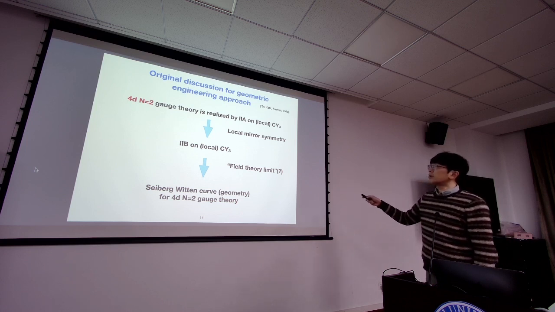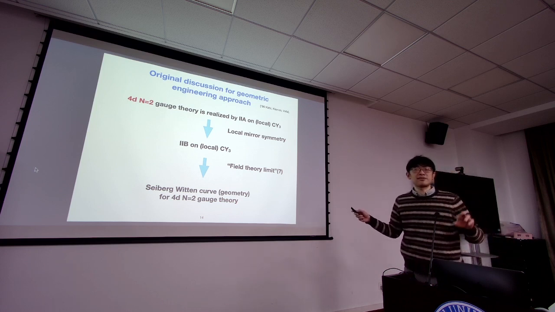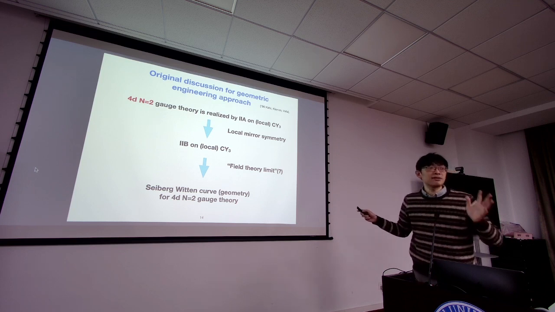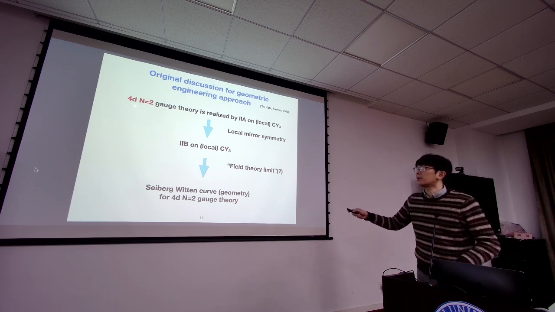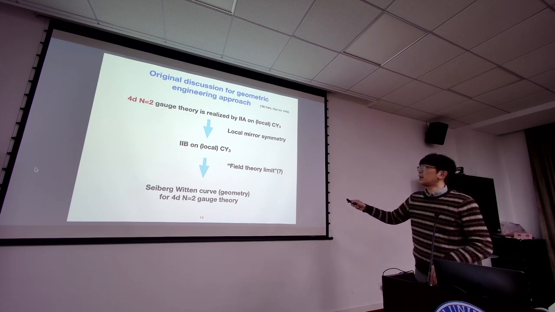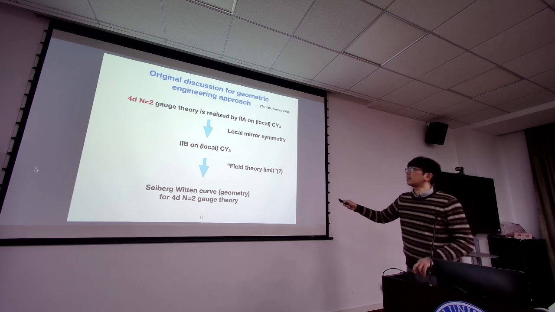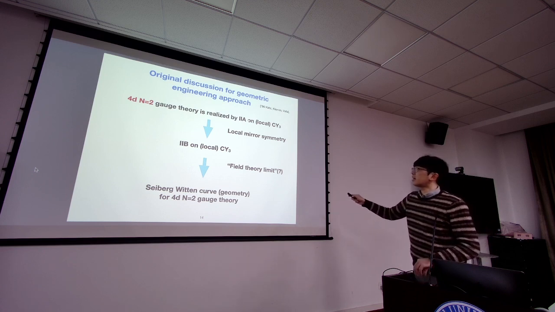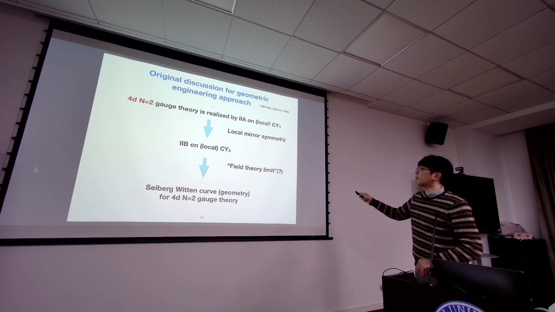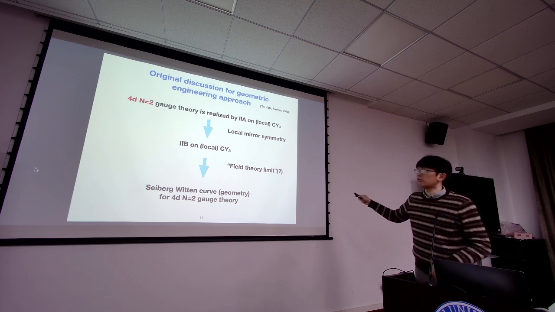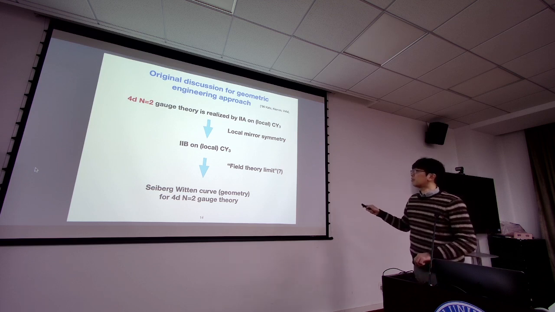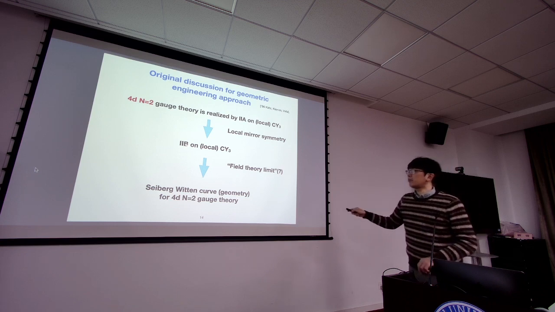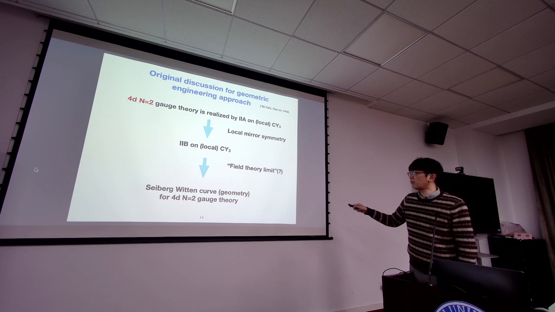Because the Seiberg-Witten theory originally started from 4D N=2 gauge theory, first we try to realize such a thing in type IIA string compactified on a Calabi-Yau threefold. And we consider the mirror symmetry, and we obtain type IIB string on a Calabi-Yau threefold.